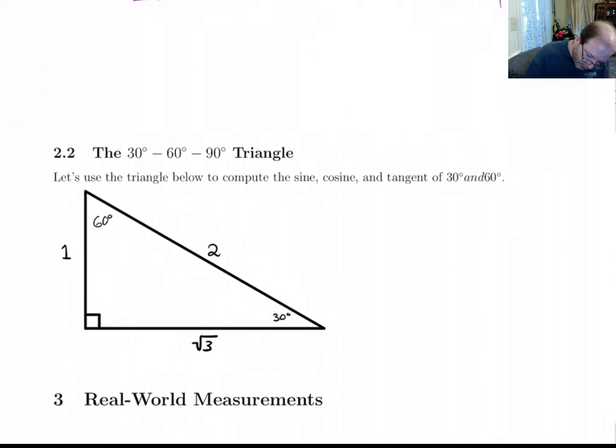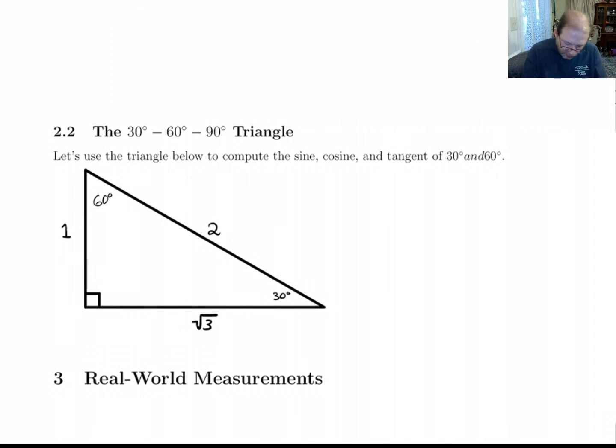Now down here on the 30, 60, 90, we've got two different angles to deal with. So first up, let's look at the 30. So for the 30 degrees, sine of 30, sine is opposite over hypotenuse. So sine of 30 is 1/2.